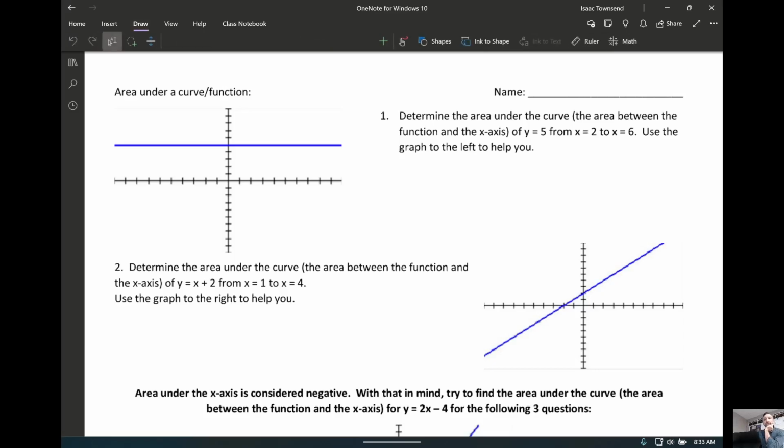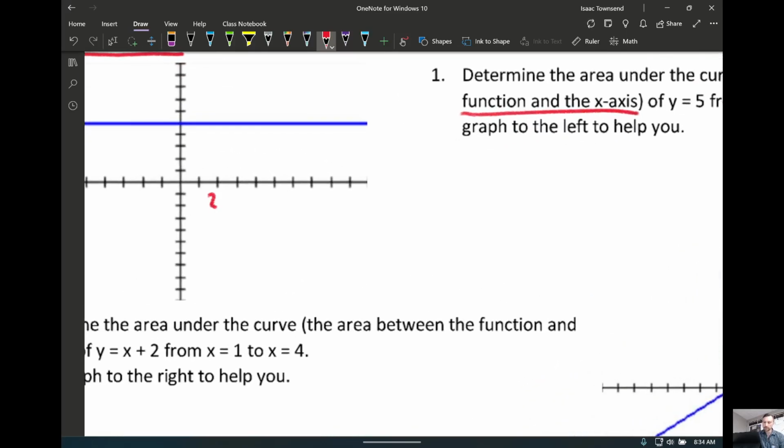When a question says find the area under a curve, what that really means is the area between the function and the x-axis. So if I was asking you to determine the area under the curve of y equals 5, which has been graphed for us, from x equals 2 to x equals 6, then I would be asking you to find this area.